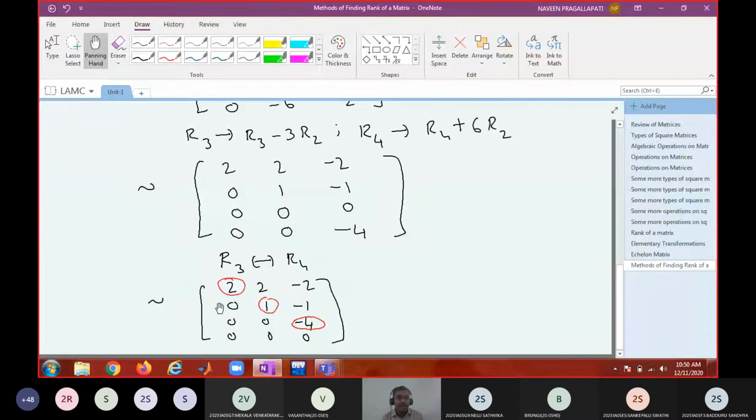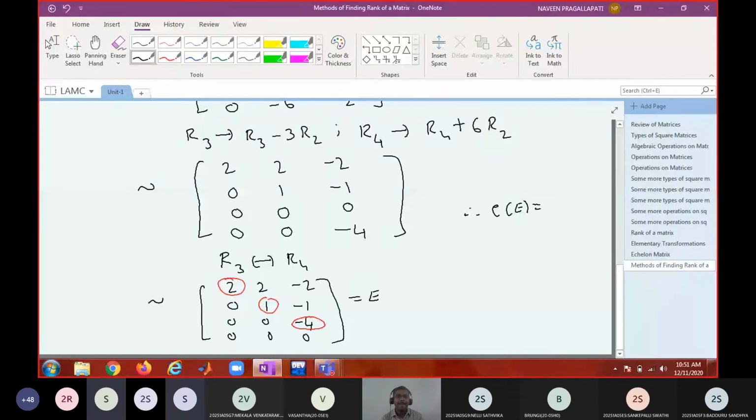Now, do you say that this is in echelon form? Yes, sir. The zero row, if any, is after all the non-zero rows. The number of zeros before the pivot is increasing row by row, or the pivot position is moving towards the right-hand side. So it is nothing but an echelon matrix. Therefore, what is the rank of an echelon matrix?